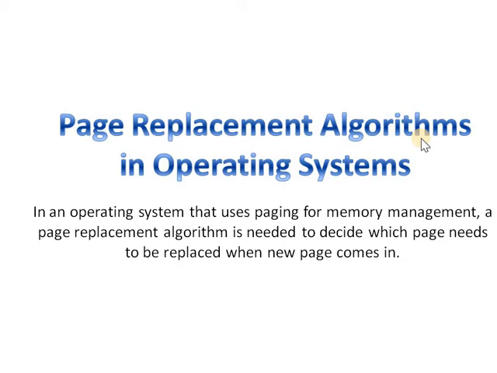The fewer the page faults, the better the algorithm. In short, if a process requests a page and the page is found in the main memory, we call it a page hit. Otherwise, we call it a page miss. A page miss is also called a page fault.